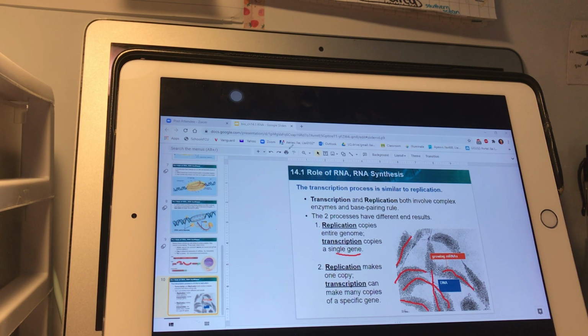Now, another similarity and difference between replication and transcription. In replication, you only make one copy of all your DNA because your cell's dividing, right? But in transcription, you don't make just one protein of your skin.